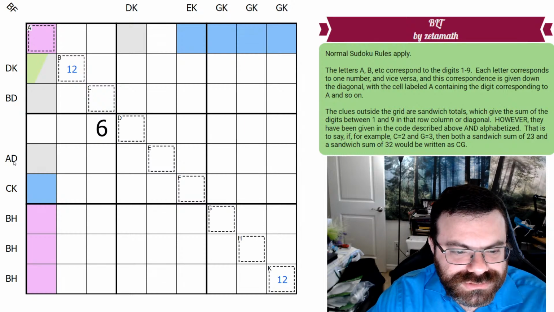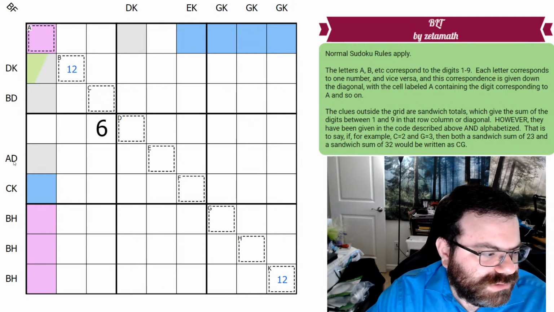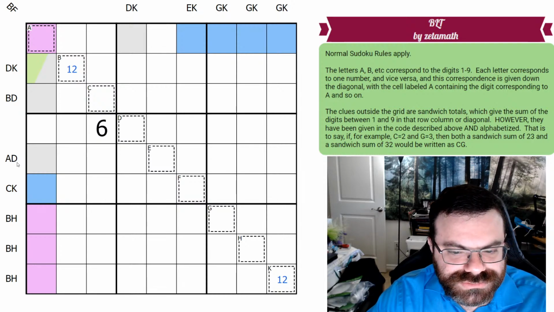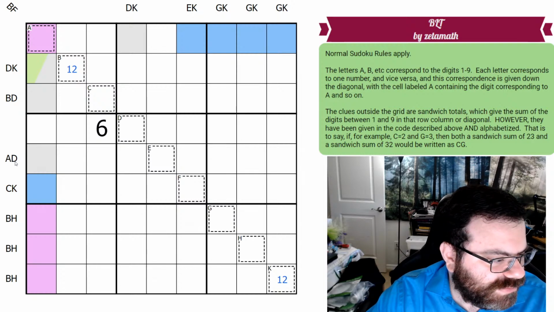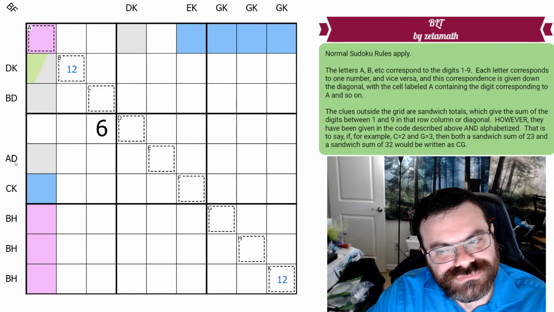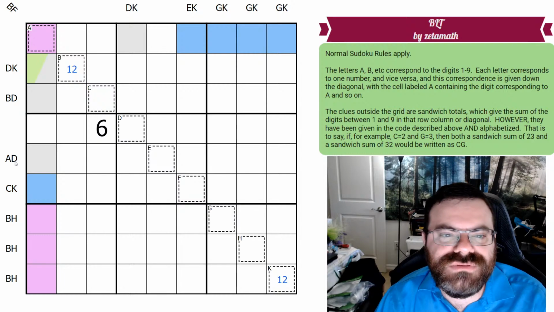So, well, either A or D is 3. I don't know if it has to be 30. 34 is not a valid sandwich, and 1 and 2 are not available. Right, so a valid sandwich would be, what can we do, 30?